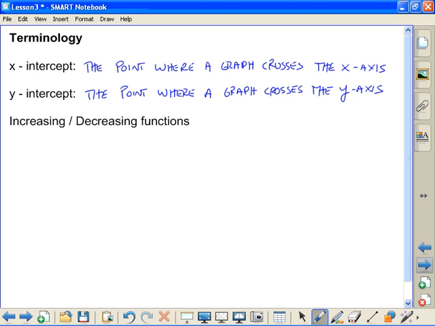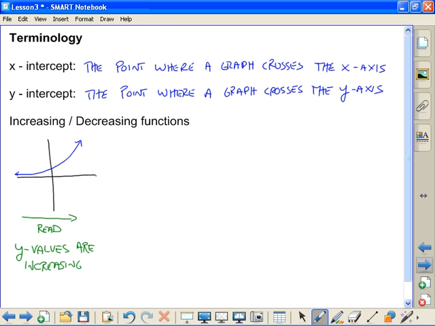Okay. Talking about increasing and decreasing functions. We're looking at the end behavior, the end properties here, so it's the same direction you read a book. So for example, if you're looking at a function that looks something like that, this is the direction that you would read. And in this case, our y values are increasing. So in the direction we read the book, it's going upward.